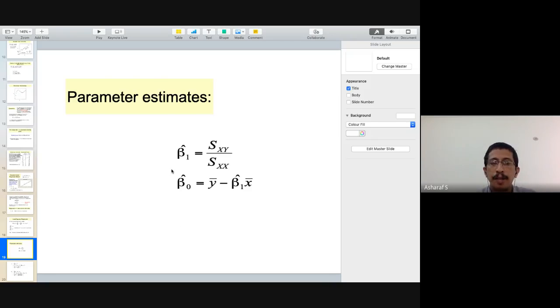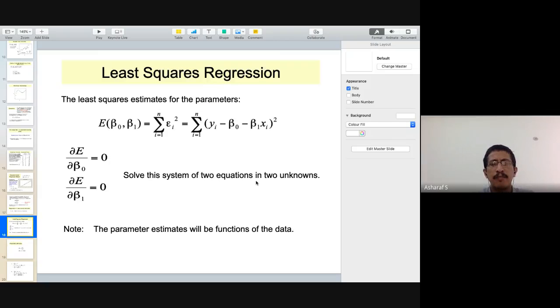And from that, dou E by dou beta 0, you can see that beta 0 cap, which is essentially the estimate of beta 0, will be the mean of y minus beta 1 into mean of x. You can easily see that. I've already derived it, and I don't want to share it because it's so simple. You just do differentiation and you get it.